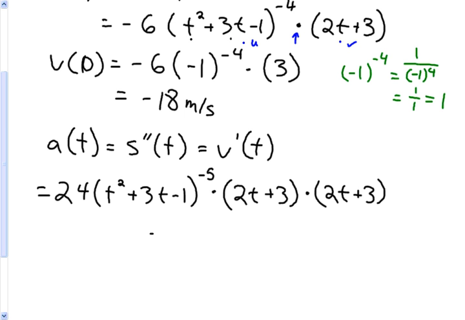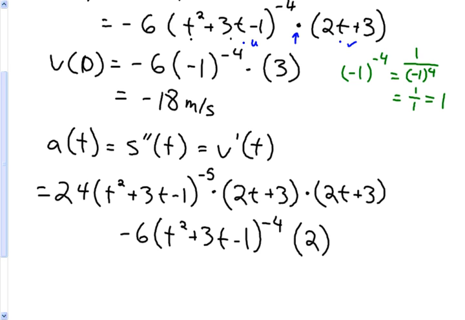Now, to this I'm going to add u times the derivative of v. Actually, I want to subtract, since the u here is negative 6 times (t squared plus 3t minus 1) to the negative 4. That is my u times the derivative of v, so I'm going to multiply that by just 2.